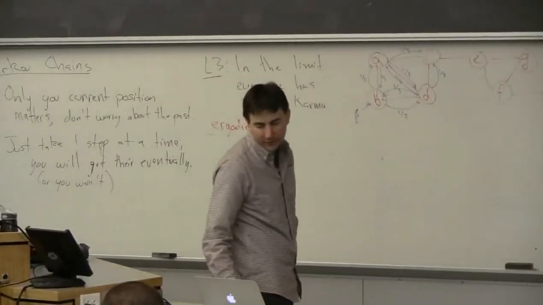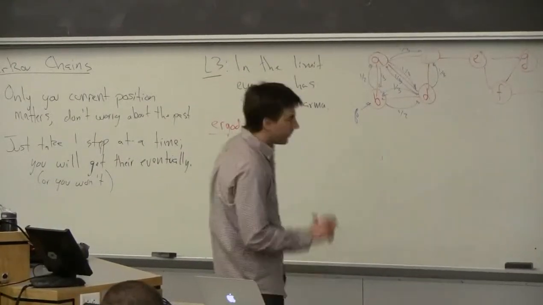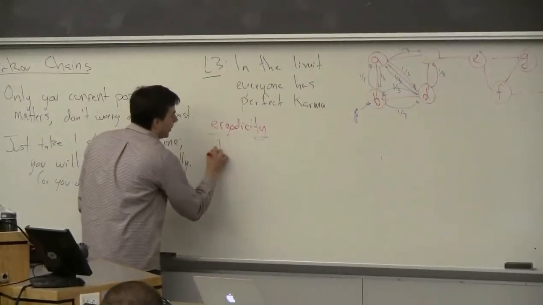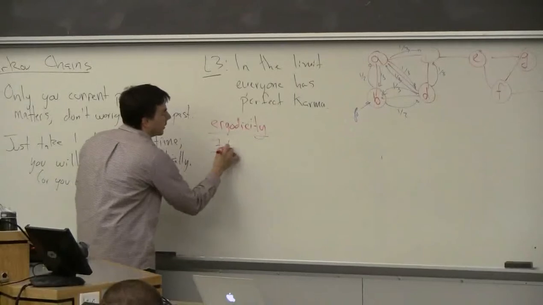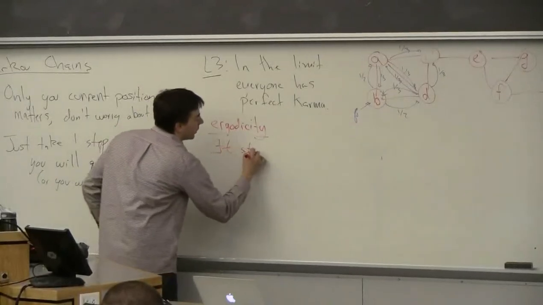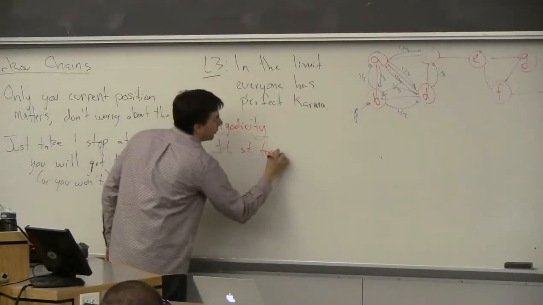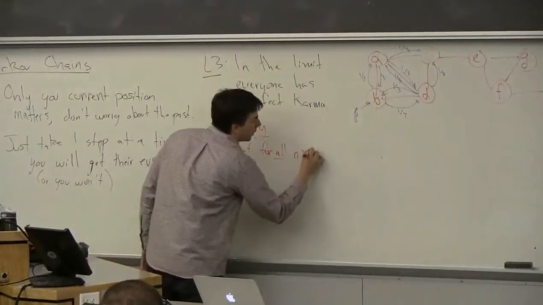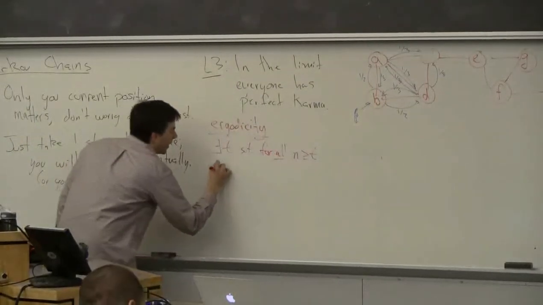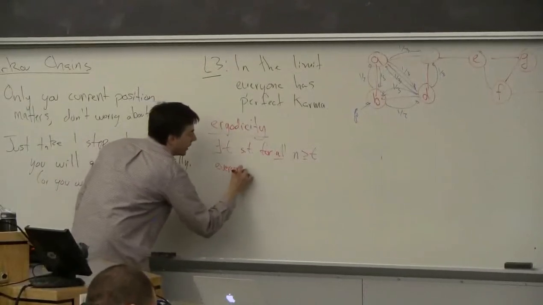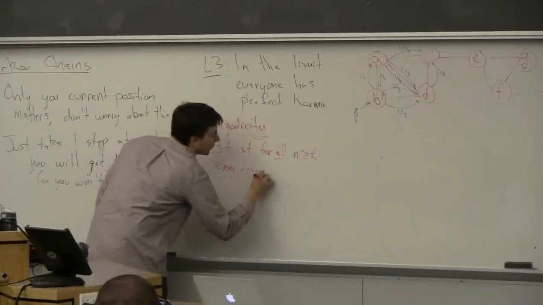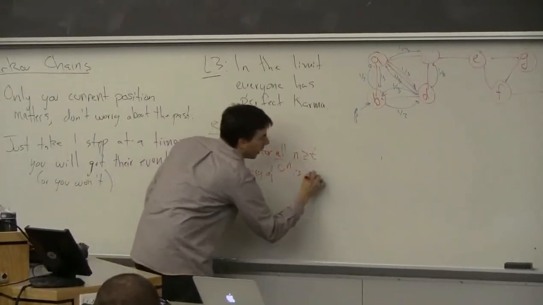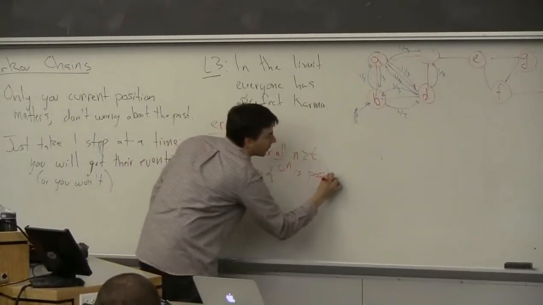So this says that there exists a t such that for all n greater than or equal to t, every entry of P^n is positive.